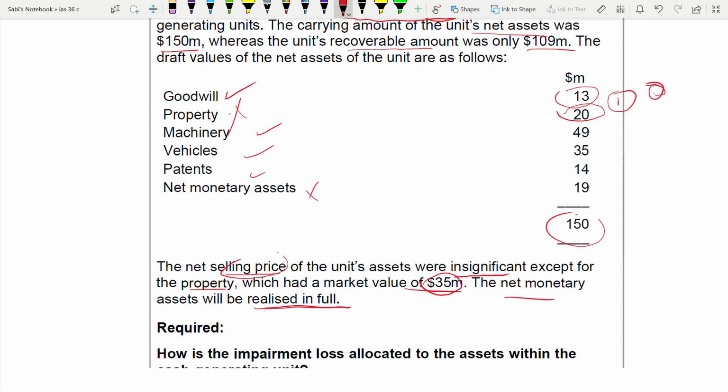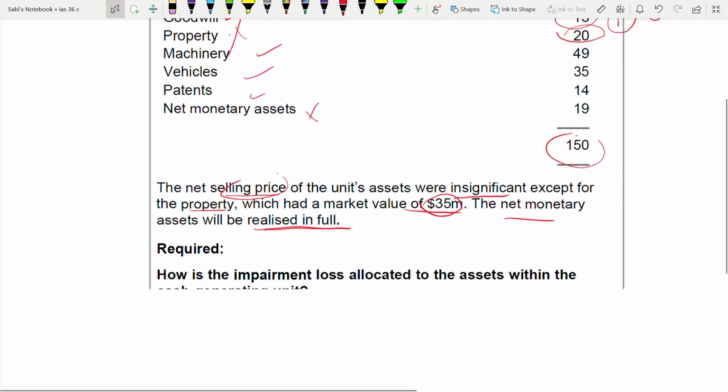The three assets are machinery, vehicles, and patent. Now you need to set off. See, first, impairment was 41. Deduct your goodwill because you will first allocate against goodwill. The balance is 28. This 28 will be set off against machinery, vehicles, and patent.